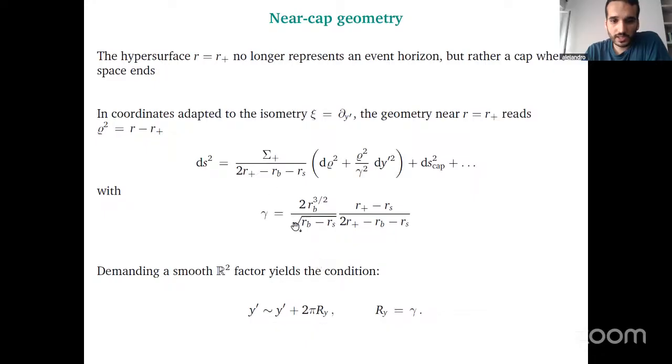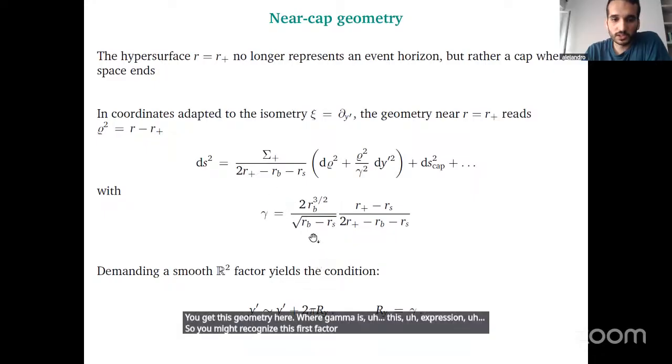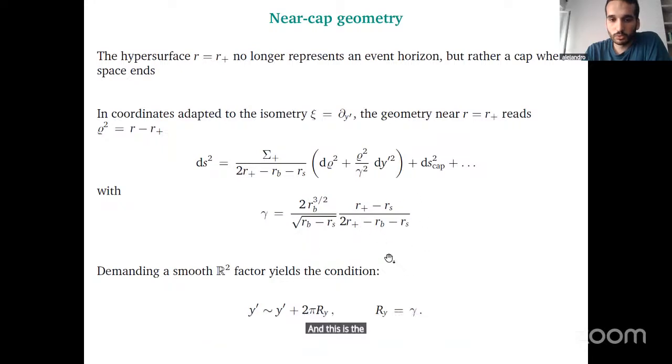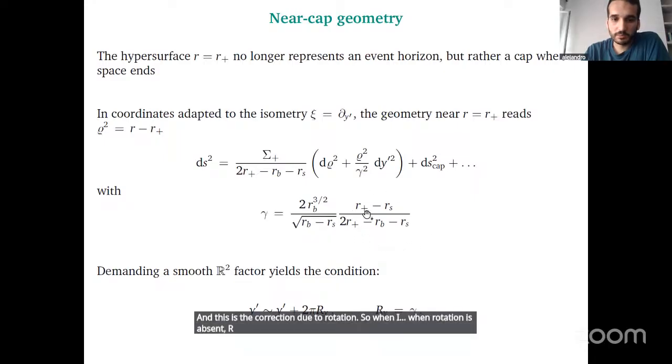You may recognize this first factor because this appears already in the static case, and this is the correction due to rotation. So when rotation is absent, r_plus is just R_B, and then this is 1.